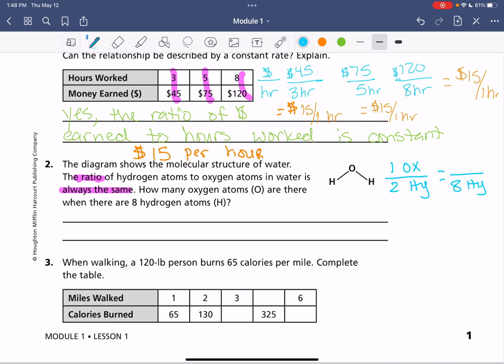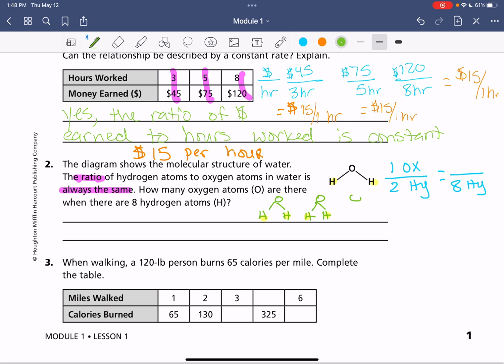Now that's not a super high number. We could draw this out. We have 1, 2 already. And then let's see, 3, 4. So we have 1, 2, 3, 4, 5, 6.